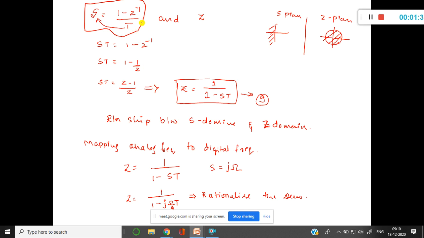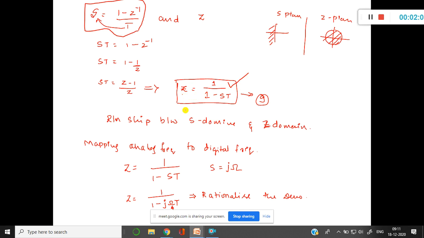And it is also possible for me to go back to S domain from Z domain, that is Z is equal to 1 divided by 1 minus ST, which means that I have a digital filter H of Z. If I want to move back to Laplace, or in another way, moving from the digital domain to the analog domain, then I will be using this formula.